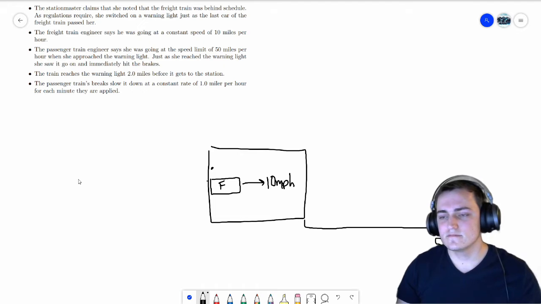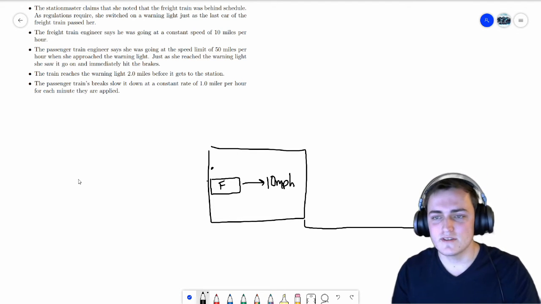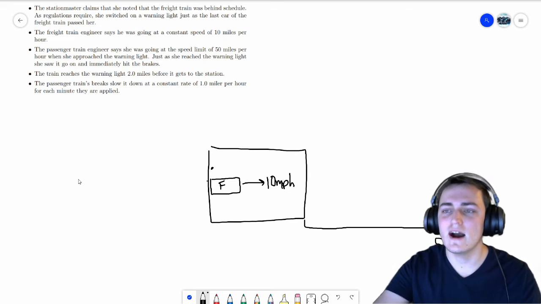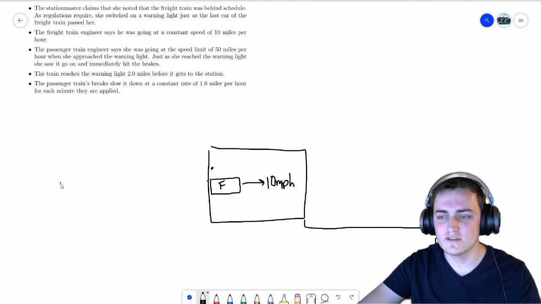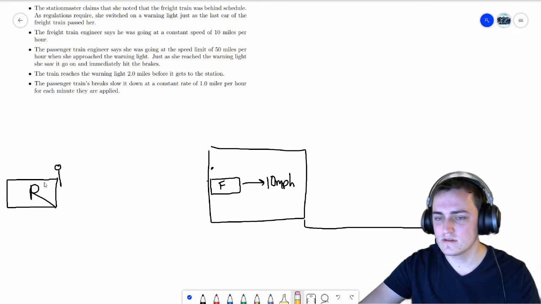So how do we know where the warning light is? Well, the next point says the train reaches the warning light 2 miles before it gets to the station. And so we can draw a little warning light. You can draw the passenger train just barely hitting it. And we know that this is 2 miles.